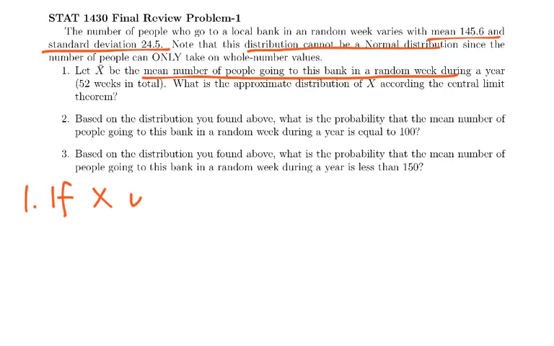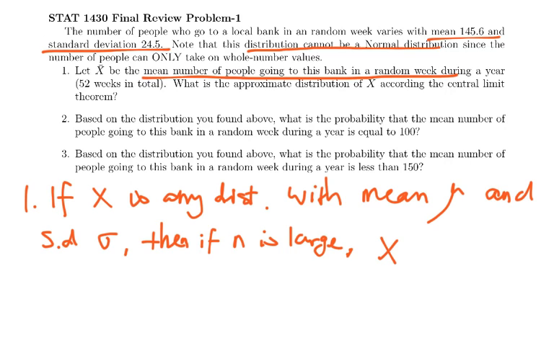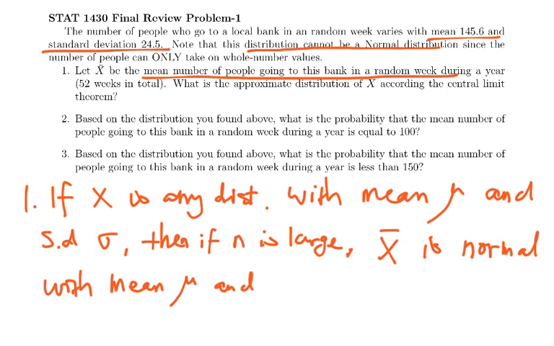So if x is any distribution with mean mu and standard deviation sigma, which is finite, and then when n is large, the sampling distribution of the sample mean x bar is approximately normally distributed with mean mu and standard deviation sigma over square root of n.